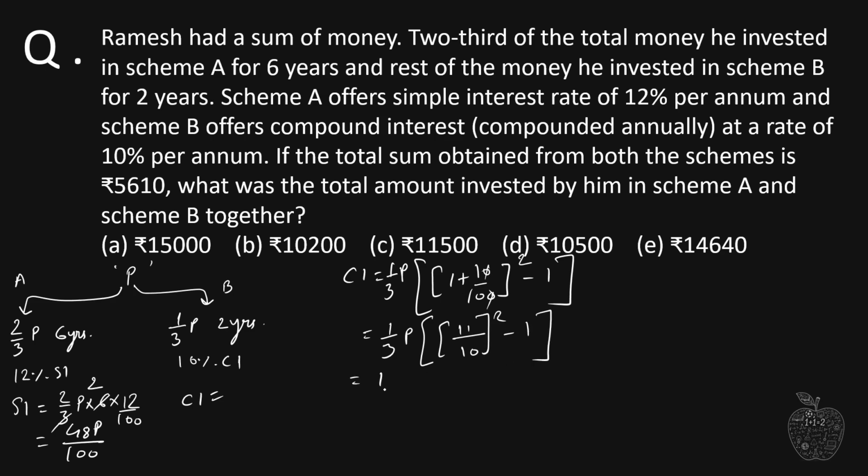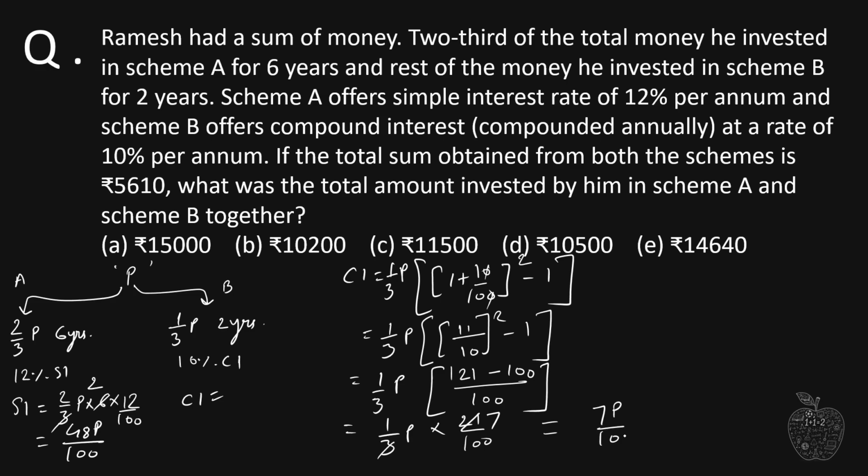So 1/3P times (121 over 100), taking 100 as LCM, we get 121 minus 100, which is 21 over 100. 3 7s are 21, so our compound interest is 7P over 100.